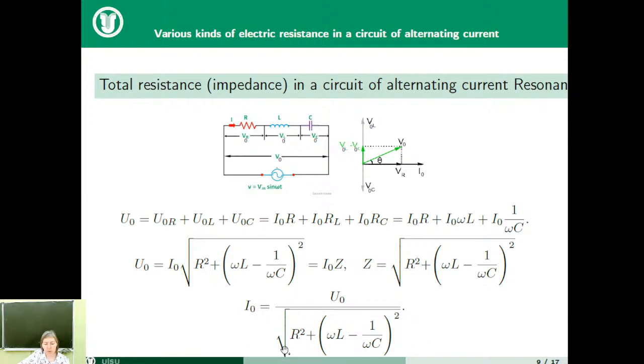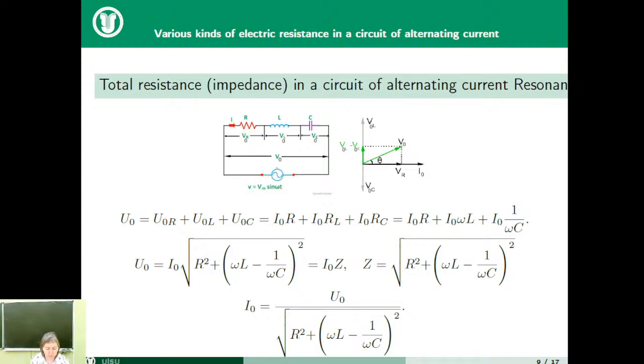This expression demonstrates Ohm's law for alternating current. The difference of phases between the current and the voltage is defined by the angle theta between vectors U0 and UR.